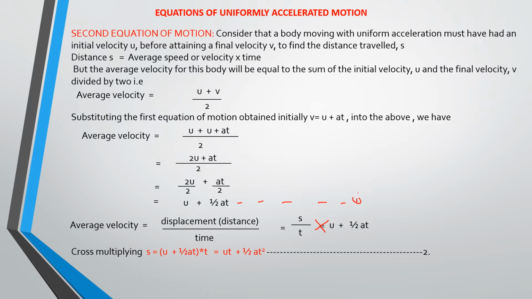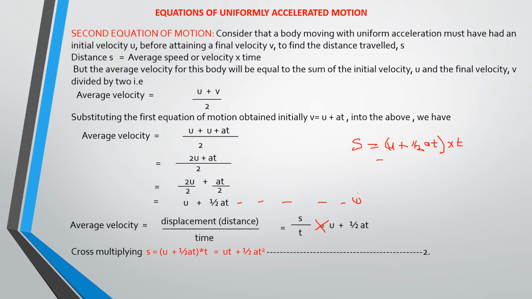So if you do that cross multiplication, s will be equal to u plus half at, all of this multiplied by t.